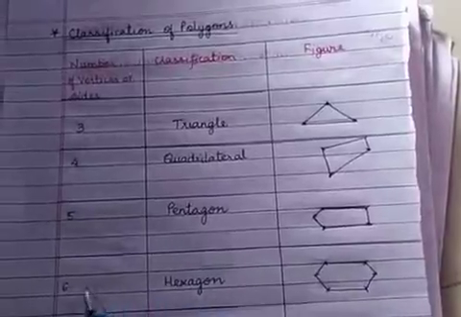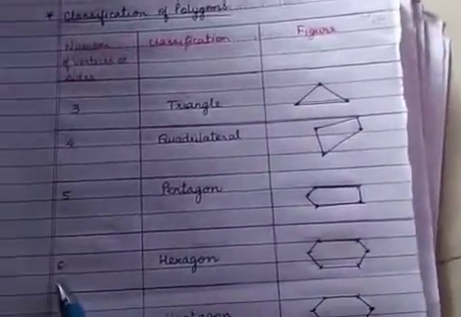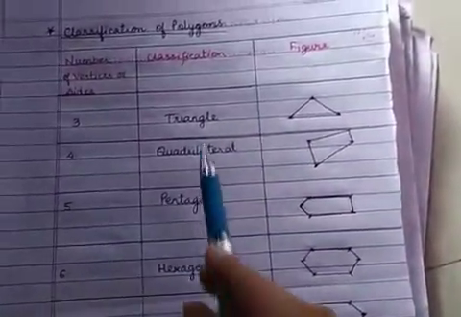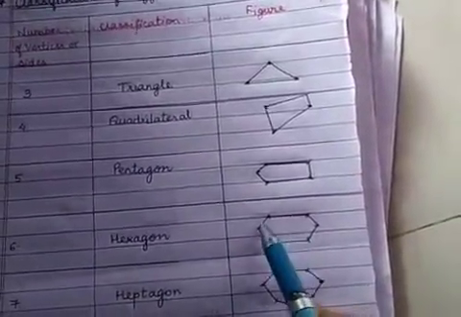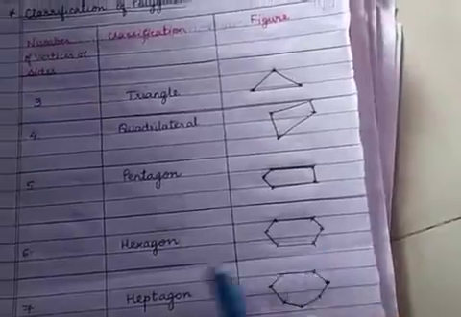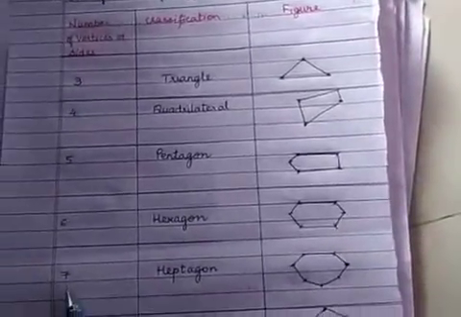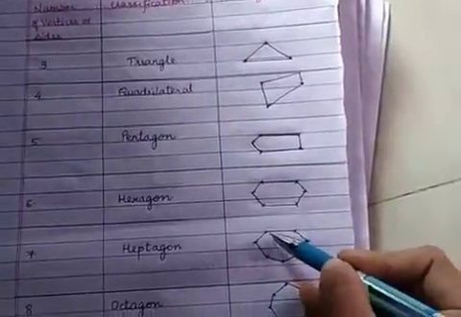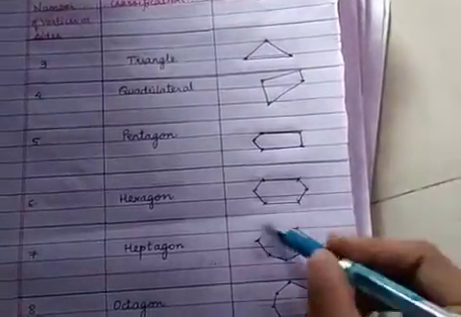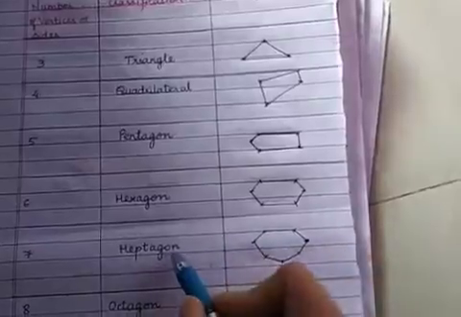Why is it called a hexagon? It has 6 sides. So if your polygon has 6 sides, it is called a hexagon. So 1, 2, 3, 4, 5, 6. If a polygon has 7 sides, it's called a heptagon. It has 7 sides. So a 7-sided polygon is called a heptagon.